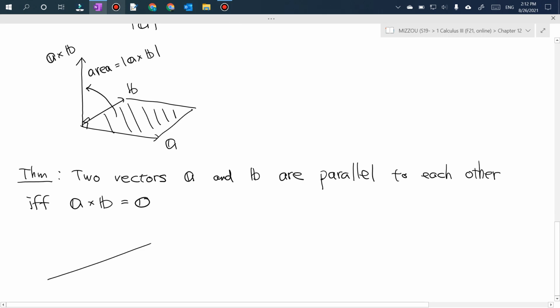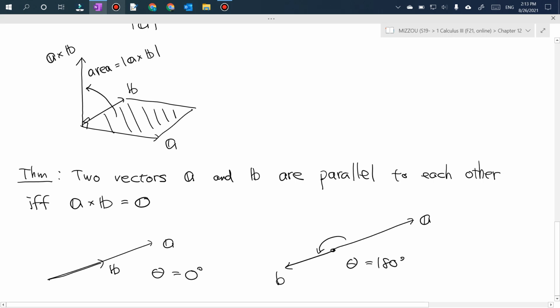So pictorially, either you have a situation like this, A and B. In this case, theta is 0 degrees, or A is like this and B is like this. In that case, theta is 180 degrees.